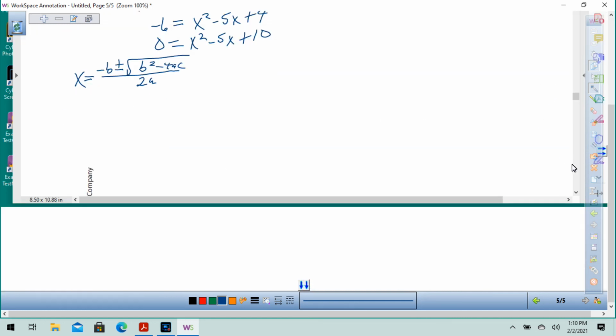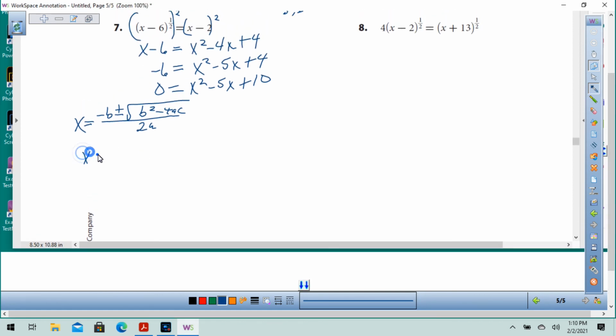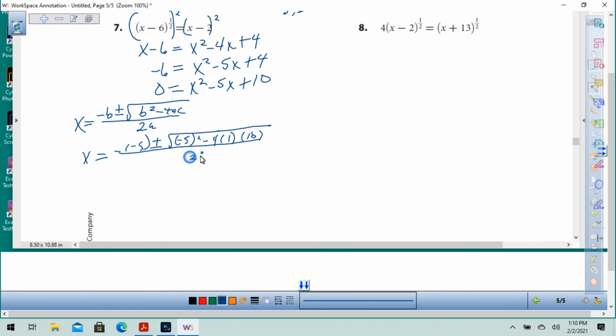So let's put that in there. We've got x equals negative, that's going to be negative 5, plus or minus the square root of negative 5 squared minus 4 times 1 times 10, and all of that over 2 times 1.